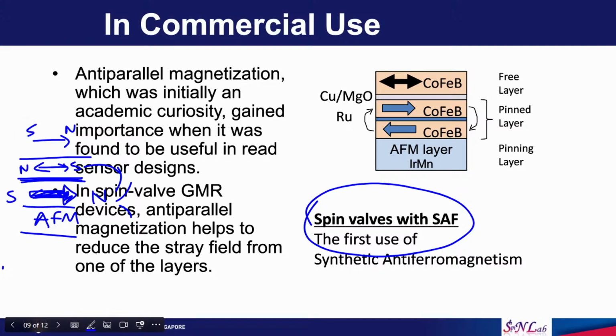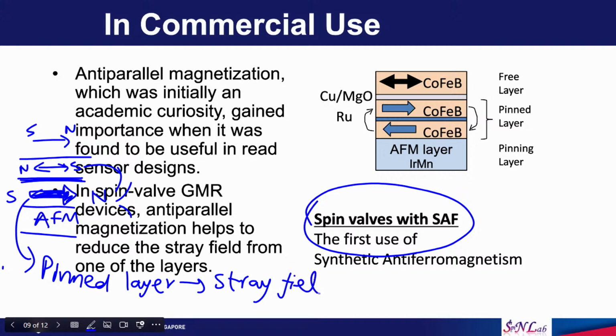If you have only one reference layer, or fixed layer, or pinned layer, it generates a stray magnetic field, and that stray field favors one particular magnetization direction over the other. So, this is the problem.